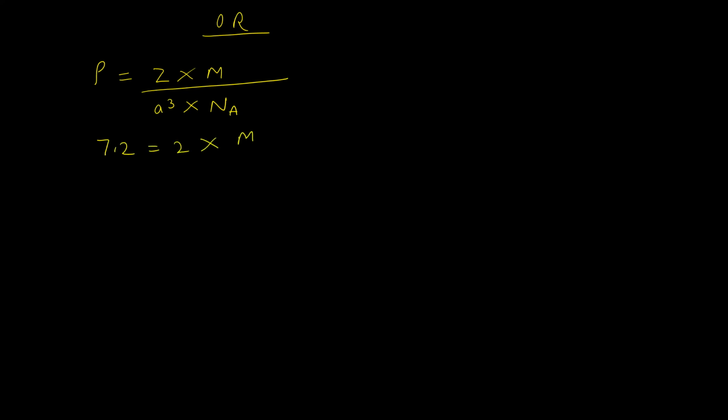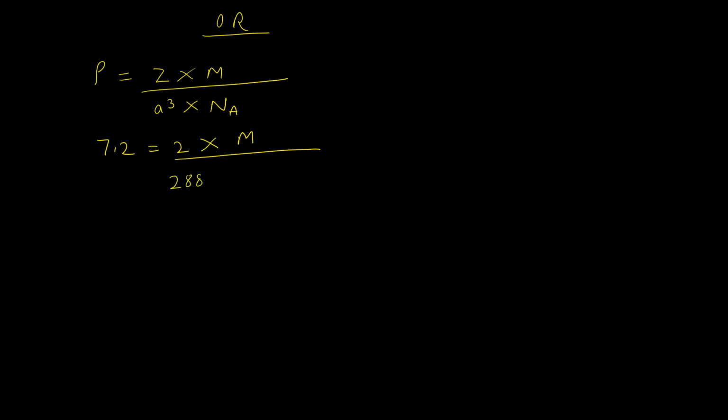You can solve this numerical problem in one more way. There is one more method: simply apply the formula density equals Z into M upon A cube into Na. Now this is 7.2, this is 2, and calculate the value of molecular mass from here.